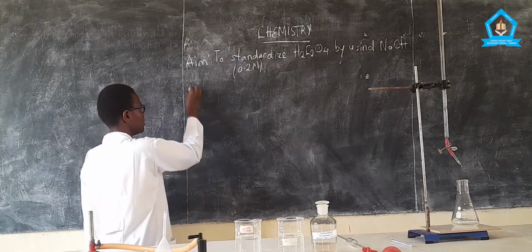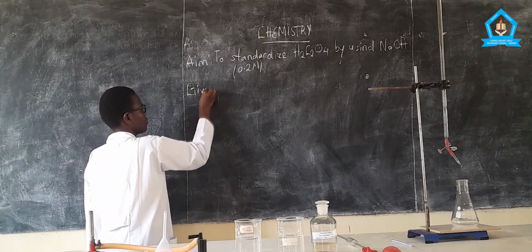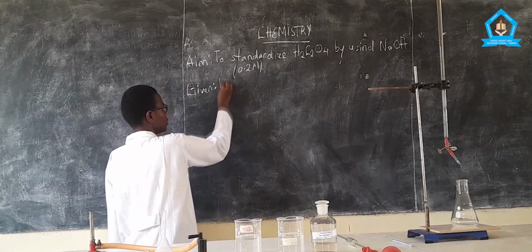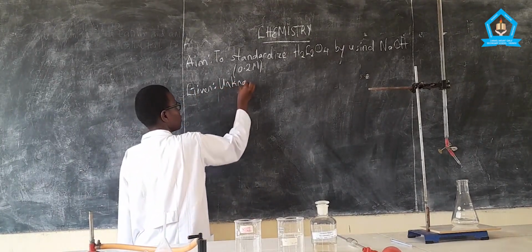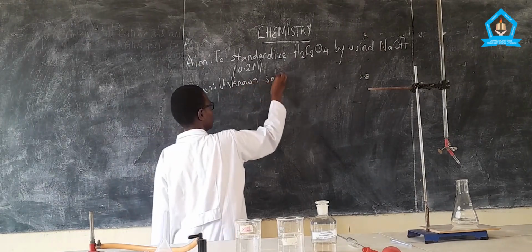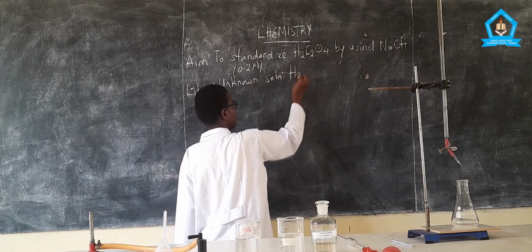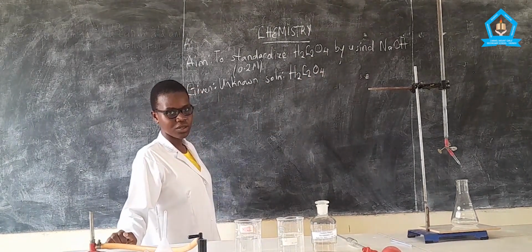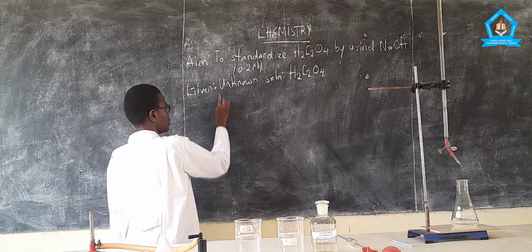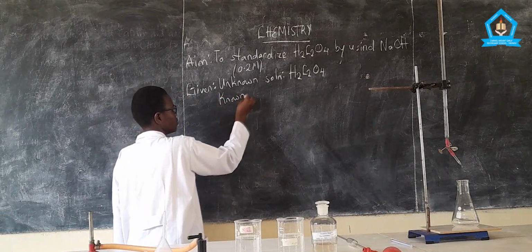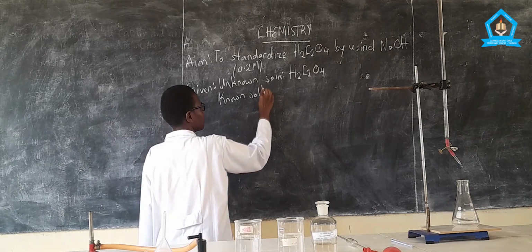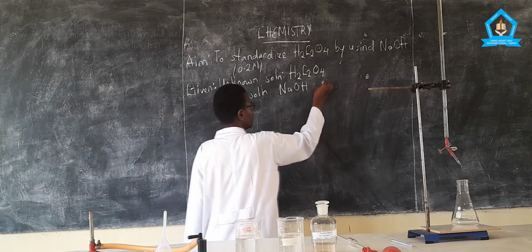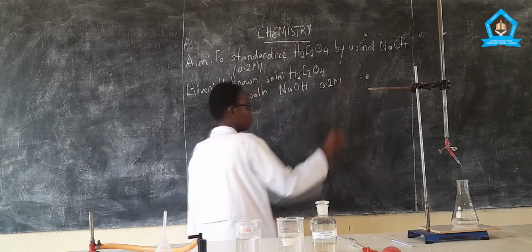Our given equipment. As I began to say, we are given an unknown solution of oxalic acid, which we all have our duty to find today, and we have a known solution of sodium hydroxide, which contains 0.2 mole.